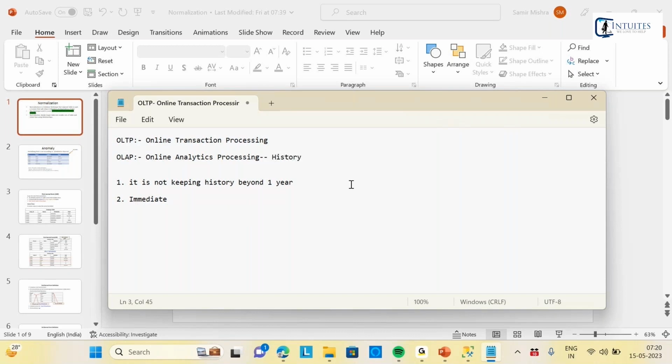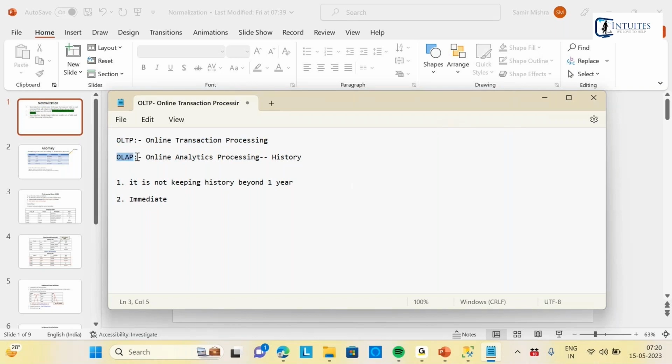Since whenever you have done some transaction, immediately it wants to show everything, that is called your online transaction processing. So we will keep very little data on this system, or max 1 year, or maximum 1.5 years or 2 years. Other than that, if you want, then I need to go to the OLAP system.